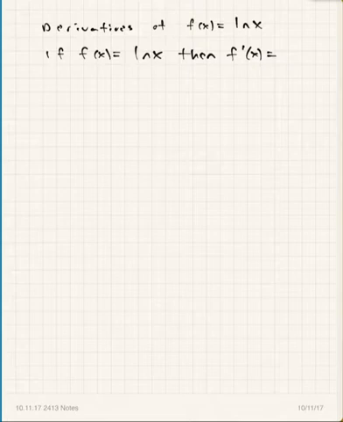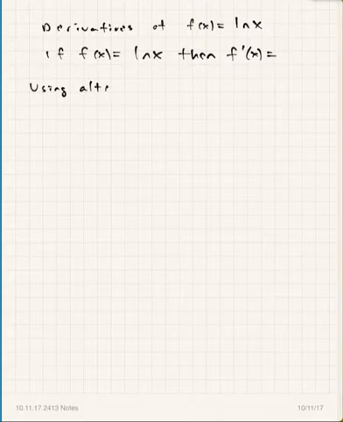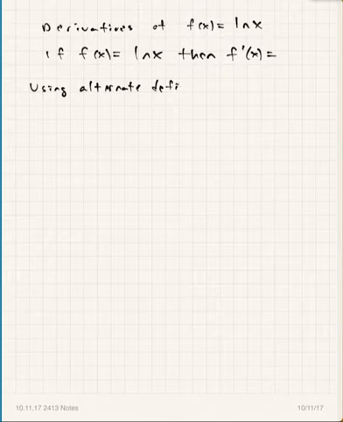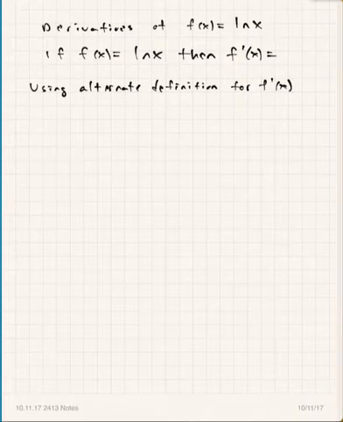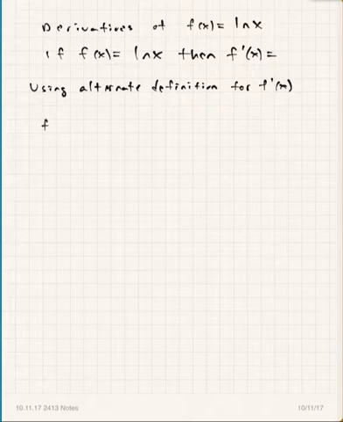Now, if we use the alternate definition for f prime of x, then you've got that f prime at a specific value, f prime of a, and that's what I should have written right here.